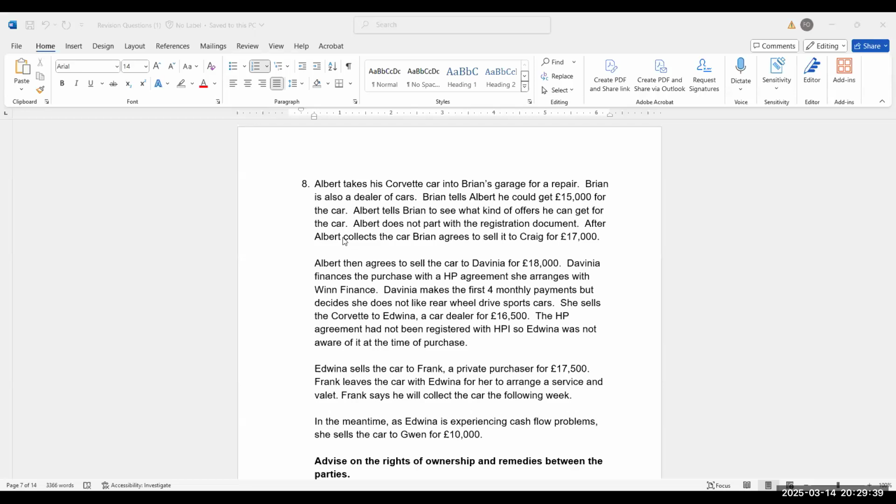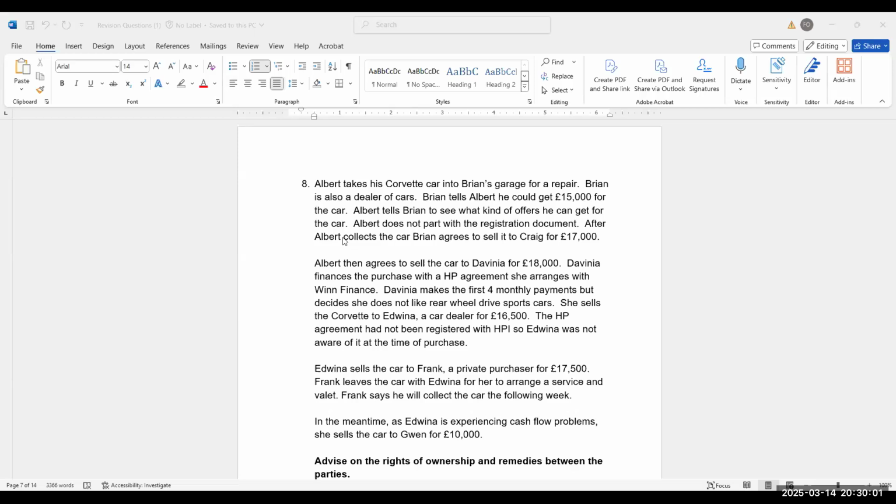Additionally, this sale needs to take place at the time that he has the car, he has the goods. The authority on that is Beverley, so Beverley Acceptances and Oakley. At the time of sale to Craig, Brown is no longer in possession of the car. It's been taken by the owner.